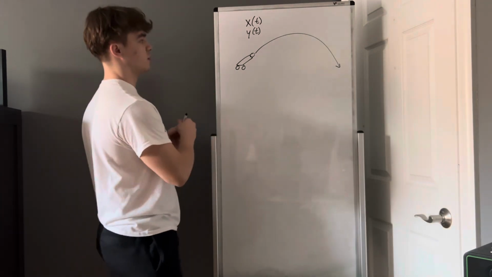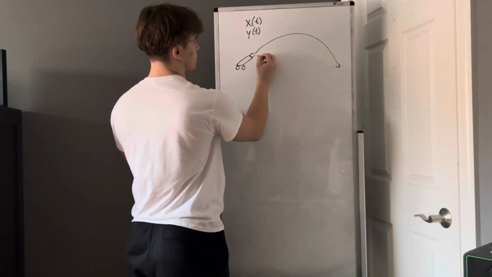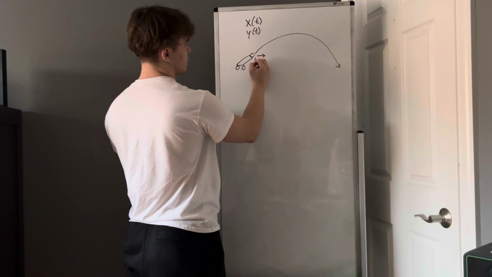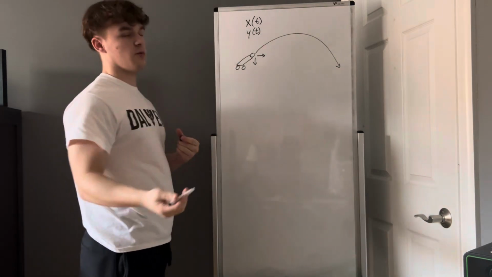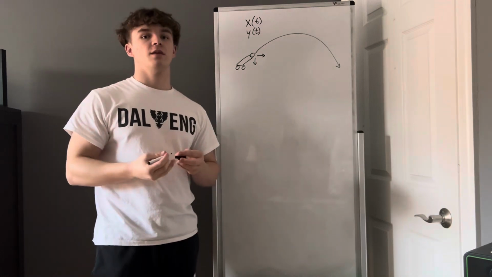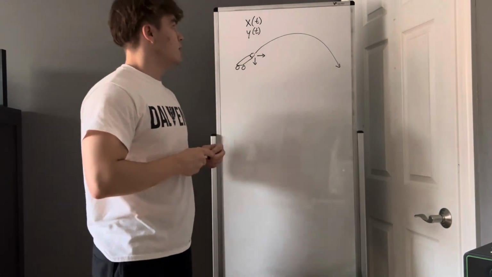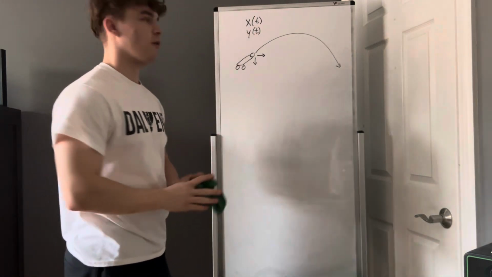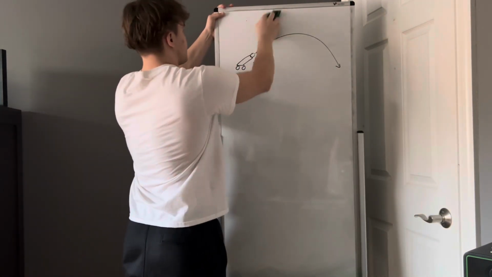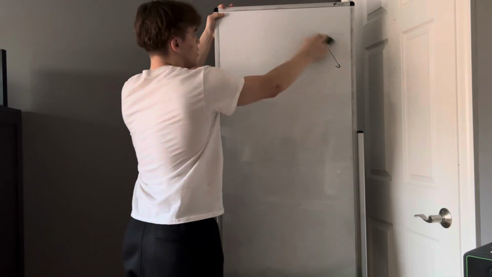Of course, x would just be the starting velocity going this way, and y would actually be the starting velocity, and then we have to take gravity into account and everything. So that would be one great example that you might have seen before if you have taken physics.